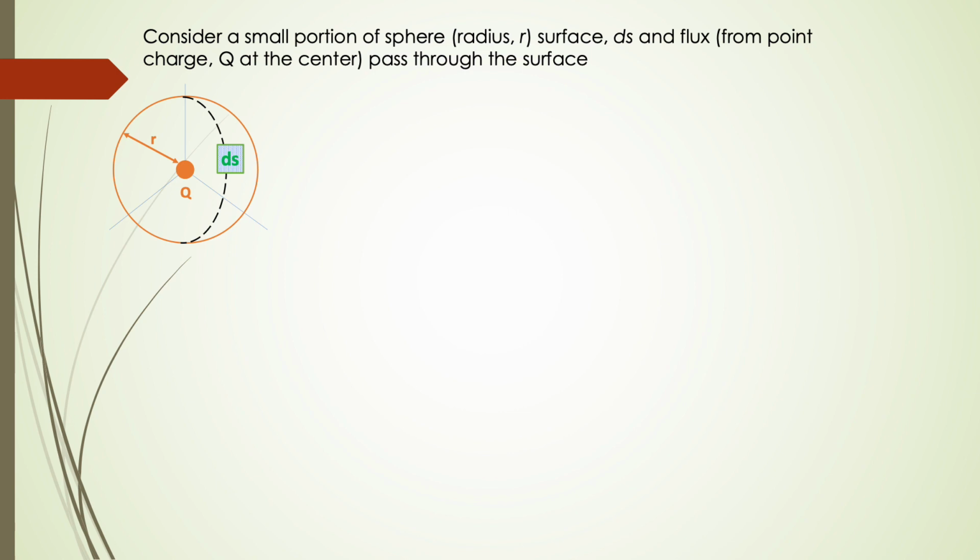The source is located at the origin, and we need to find the total flux passing through the total area of the sphere. A small portion of electric flux, d psi E, is equal to D dot dS.